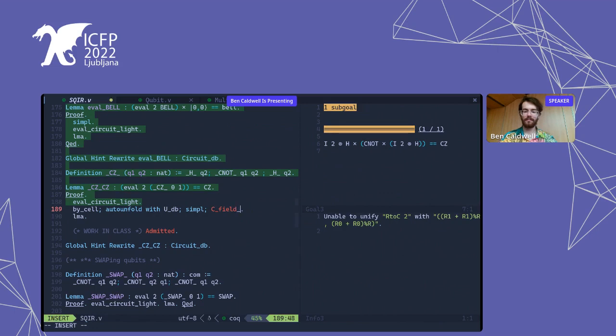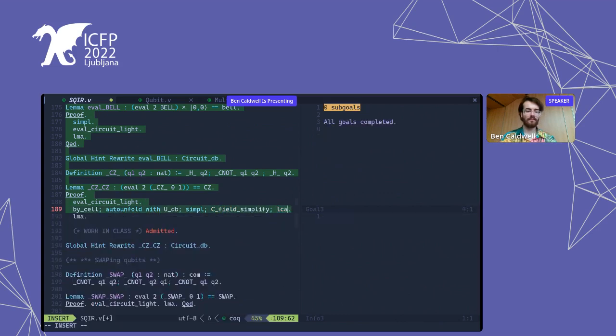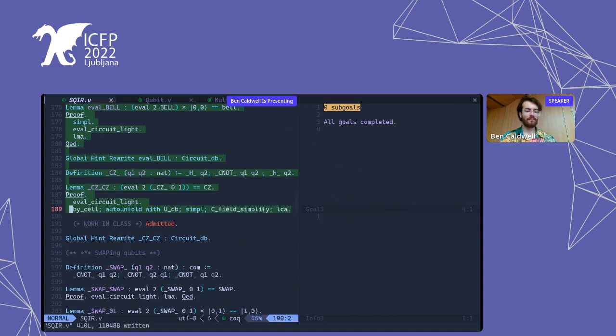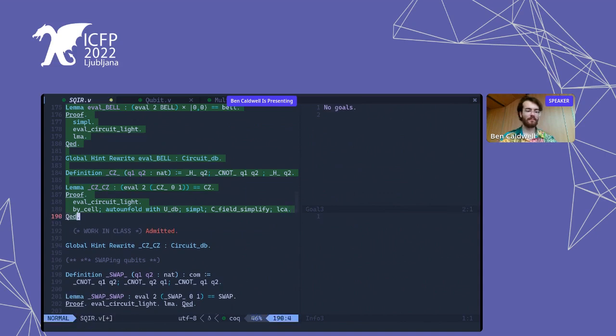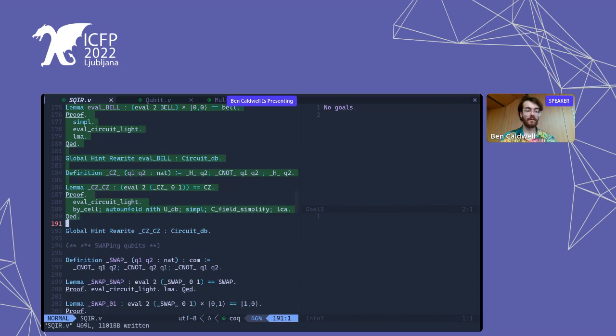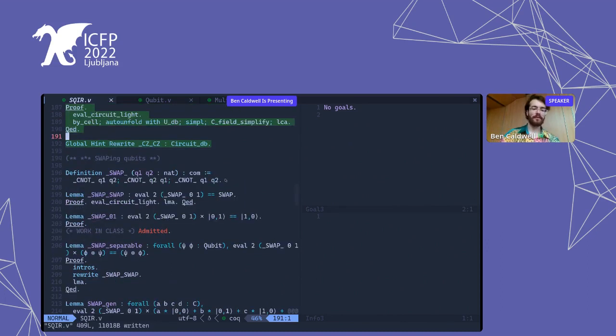No, I think this is still R, right? I mean, R field has to occur earlier. I know it's LCA here. It's not always C. Right, so now we can throw that in, and then we can talk about swapping qubits.